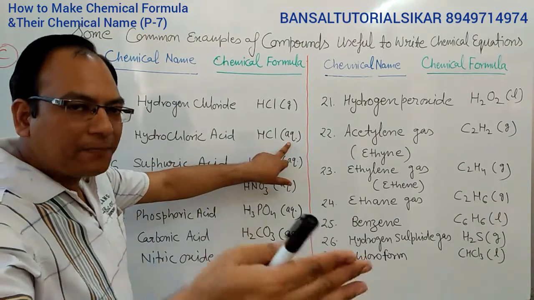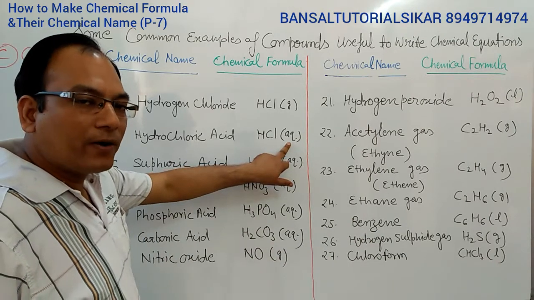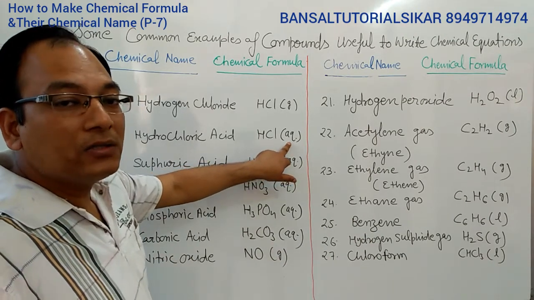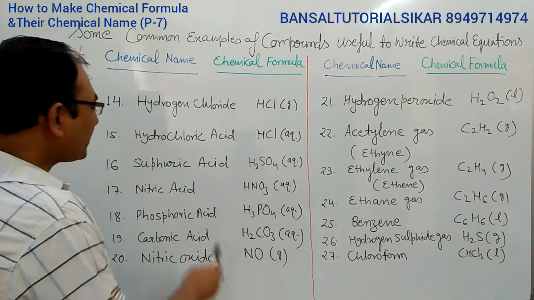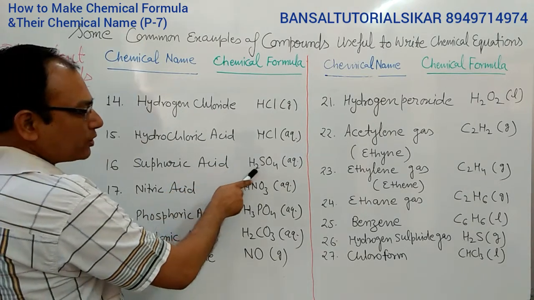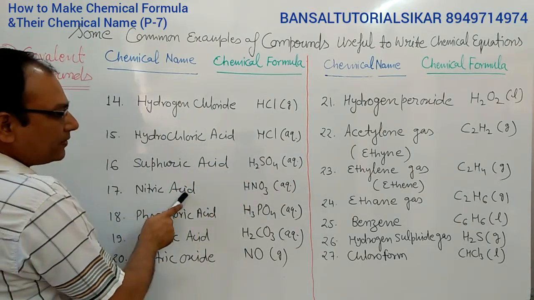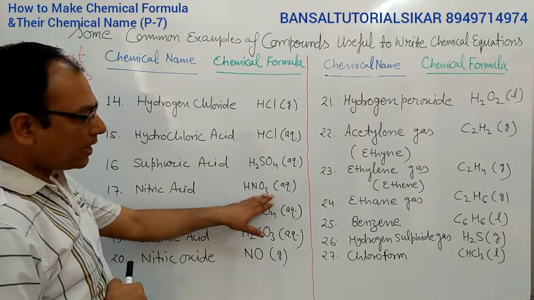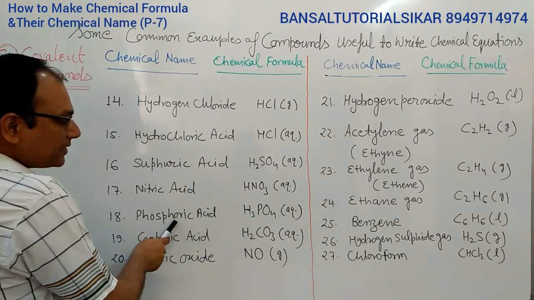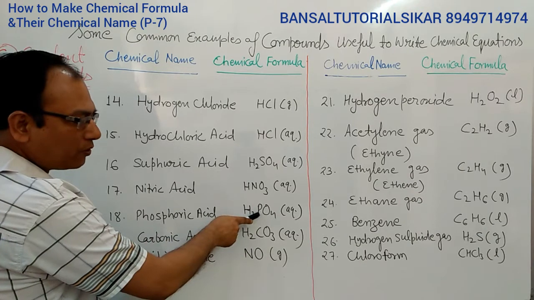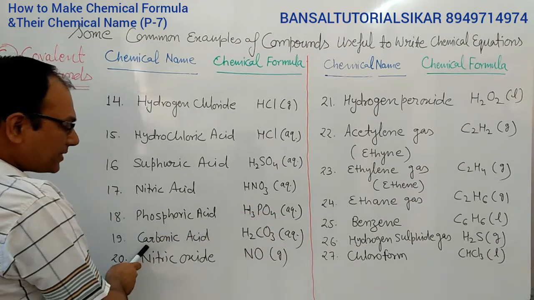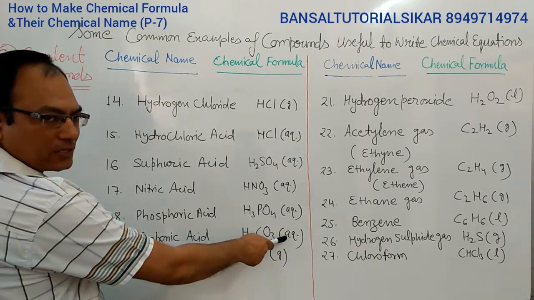We will discuss later in chemical reactions and equations the meaning of dilute, aqueous and concentrated. If sulfuric acid is given, you will write down H2SO4. If nitric acid is given, you will write down HNO3, aqueous. If phosphoric acid is given, you will write down H3PO4, aqueous. If carbonic acid is given, H2CO3, aqueous.